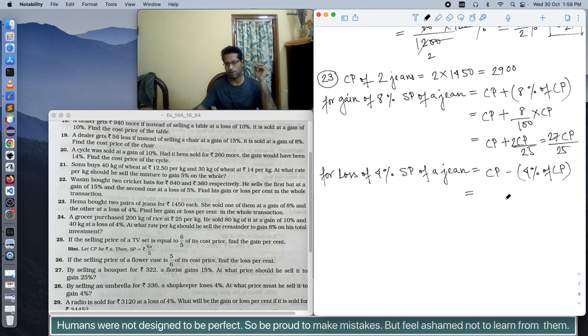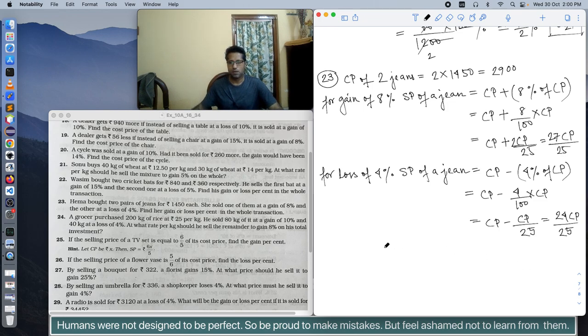CP is the same for both the jeans, as it is given that Hema bought two pairs of jeans for rupees 1450 each. So this is CP minus 4% of CP, which means 4 by 100 multiplied by CP. This is equal to CP minus, 4 by 100 is 1 by 25, so CP by 25, and this is equal to 24 CP by 25.